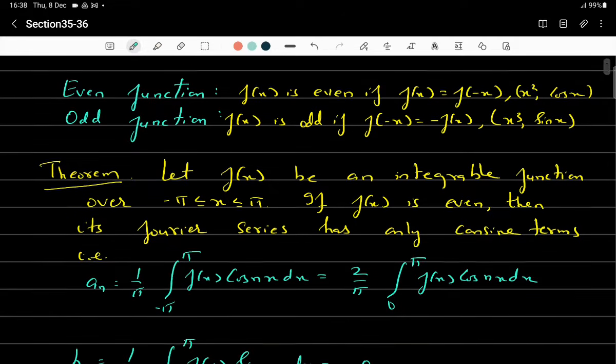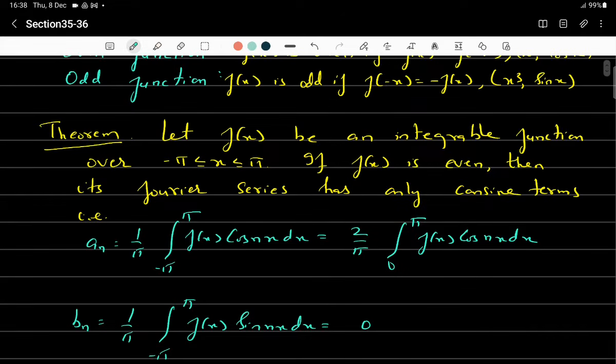Now let f of x be integrable over the interval minus pi to pi, and if f of x is even, then its Fourier series has only cosine terms, because if you compute an, then an is 1 by pi integral minus pi to pi, f of x is even and cos nx is even. Even times even is an even function.